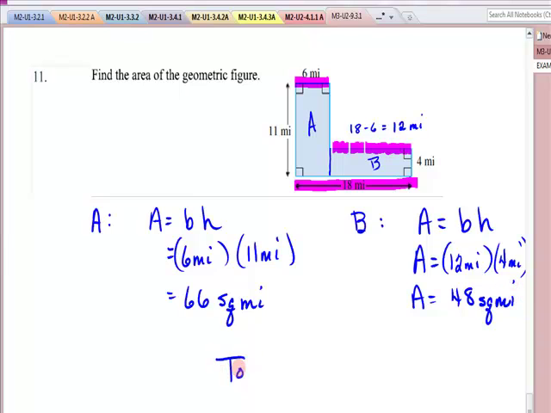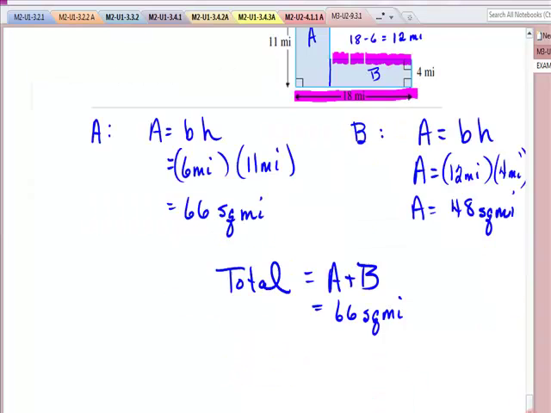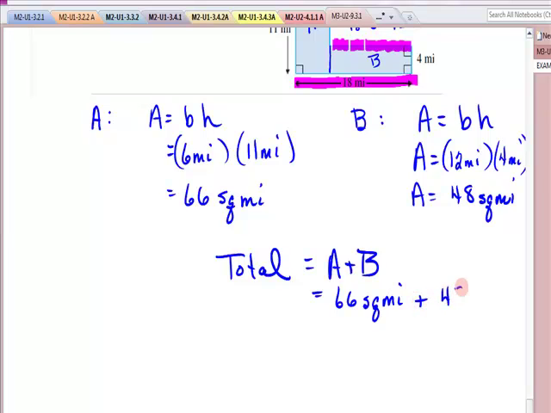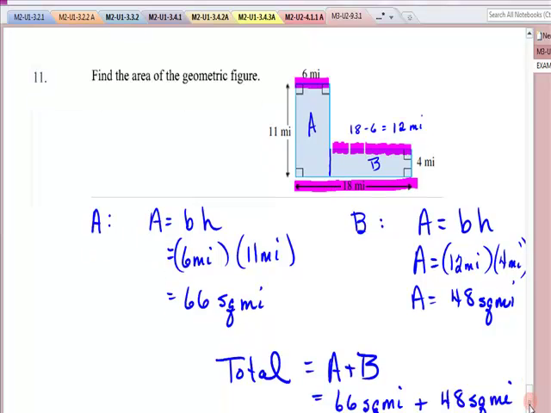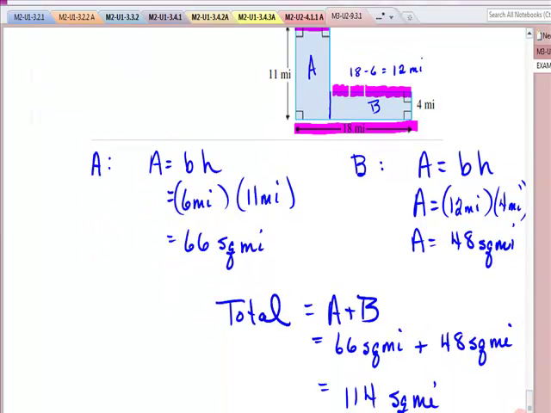Now, the total area is A plus B. It is 66 square miles plus 48 square miles, which gives me 114 square miles. Okay, so we break an unfamiliar shape into some familiar parts, in this case 2 rectangles.